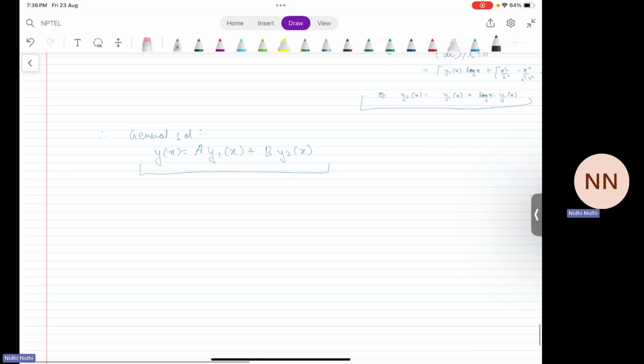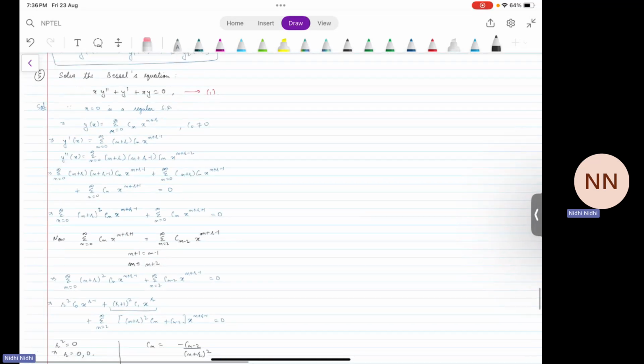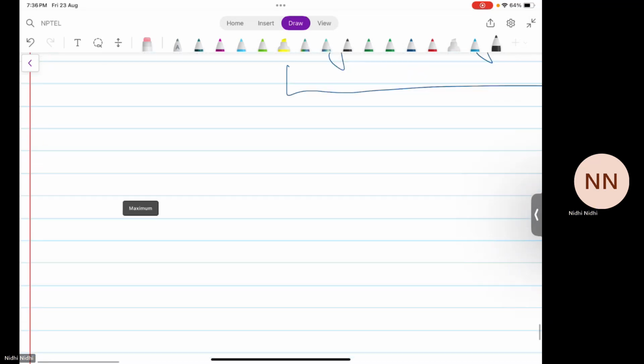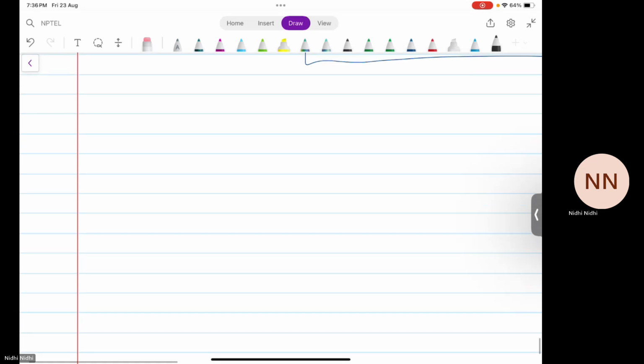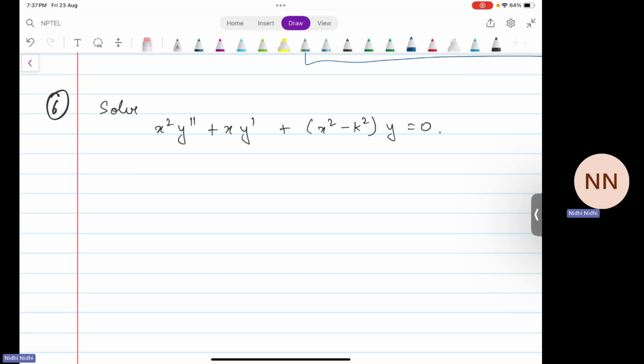Let's move to the next question. This is question number 6. Solve x square y double dash plus x y dash plus (x square minus k square) y is equal to 0.